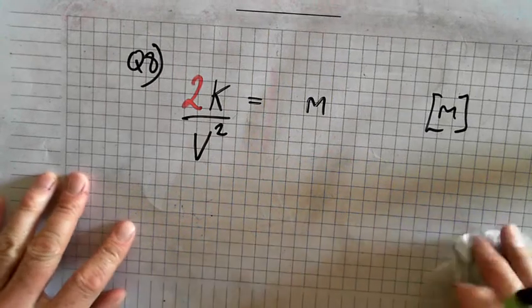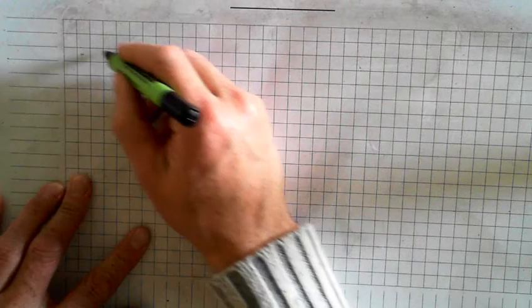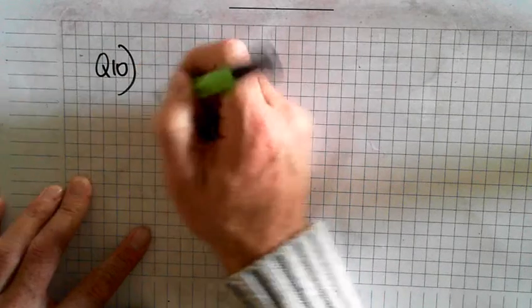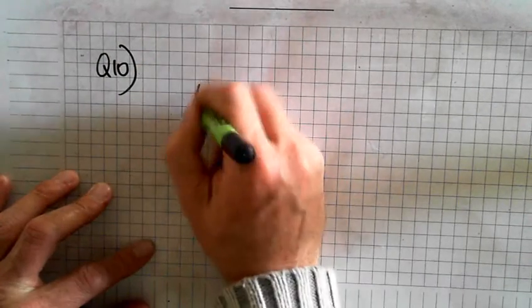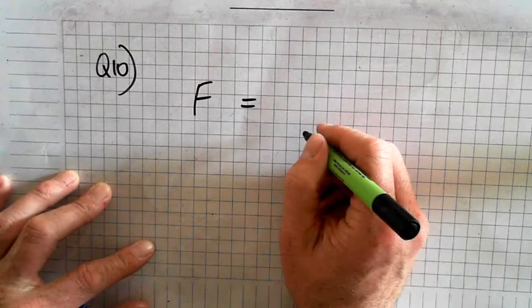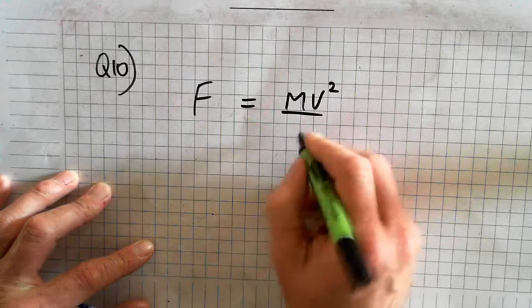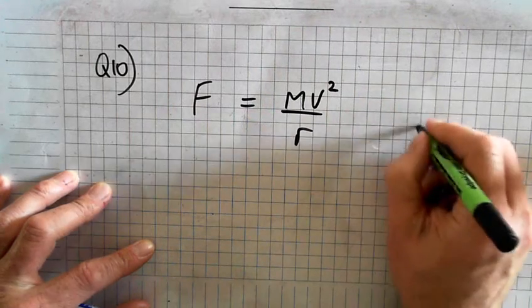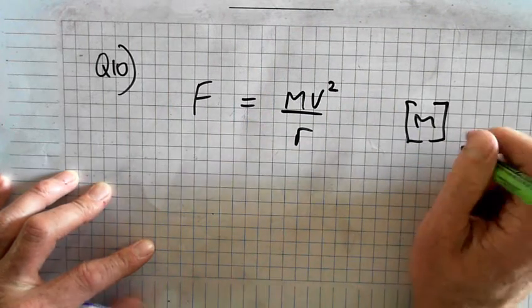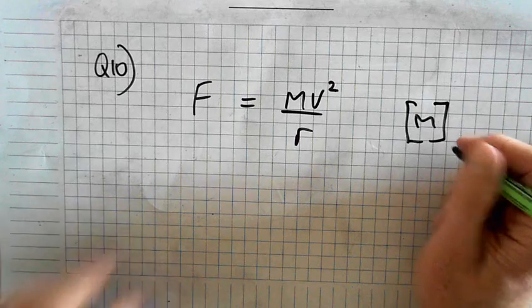Right, question 10. F can be written as f over 1. We're trying to make m the subject.